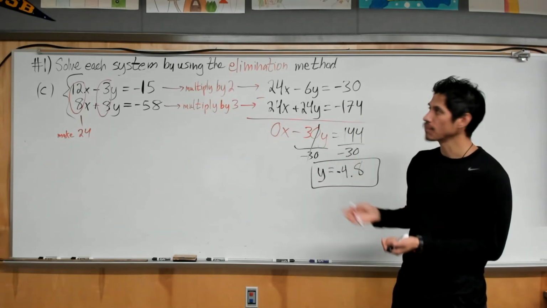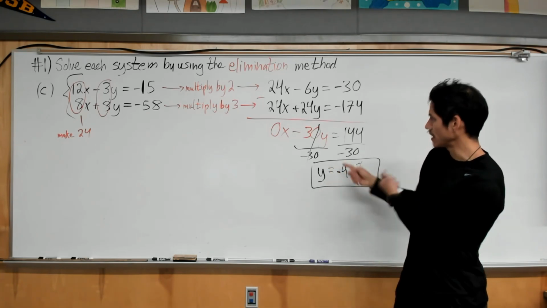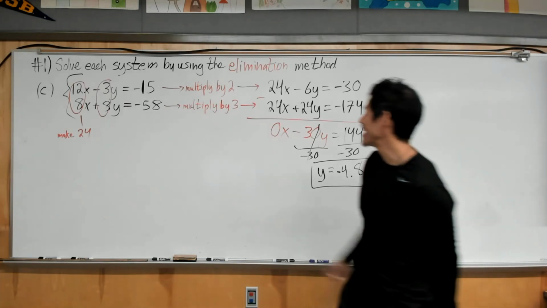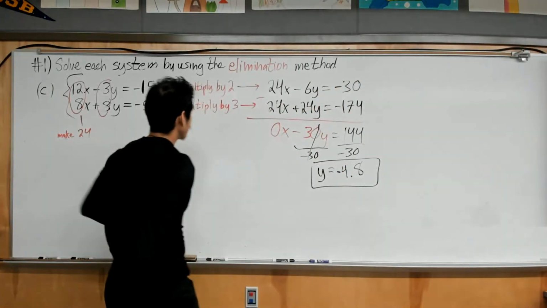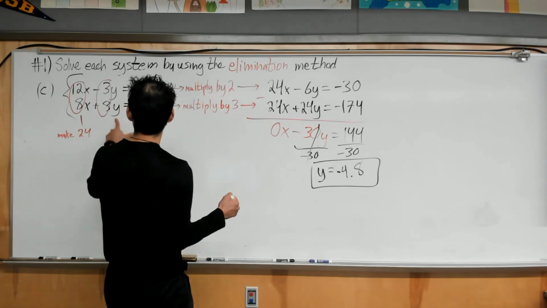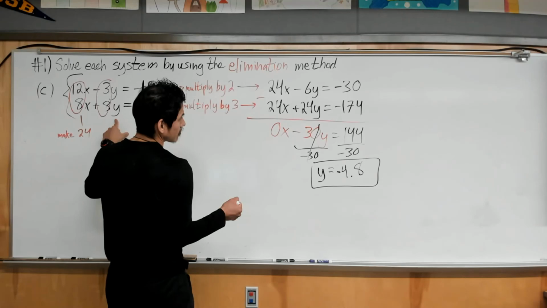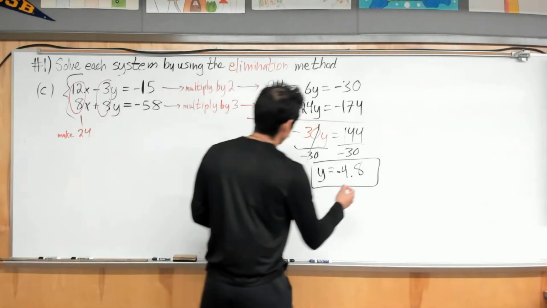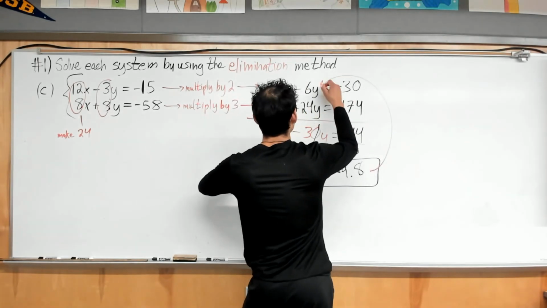But wait, there's more. Now we just plug this -4.8 into any equation where we've got the y's, and we solve for the x's. So let's probably go back to this guy.